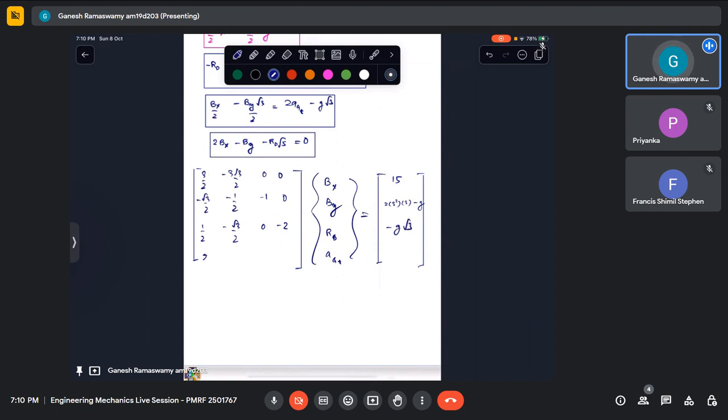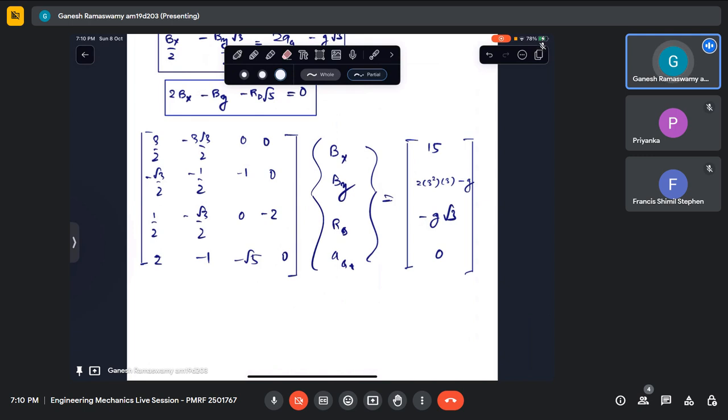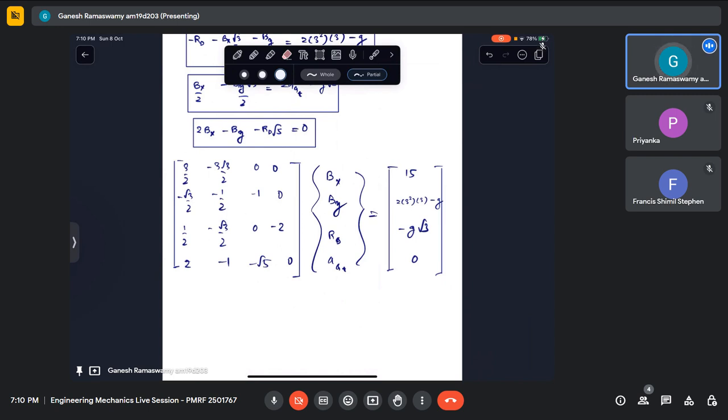This is 2, minus 1, minus root 5, 0, 0. So we can just invert this matrix and get the unknowns. You can also systematically solve these equations and get it. Either way, whichever is comfortable for you, you can do.